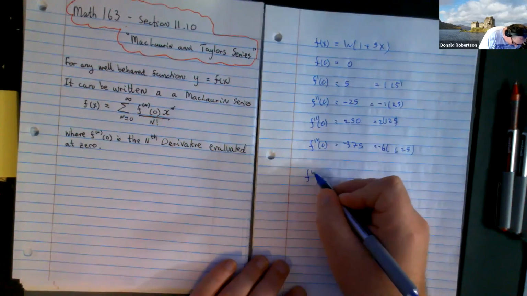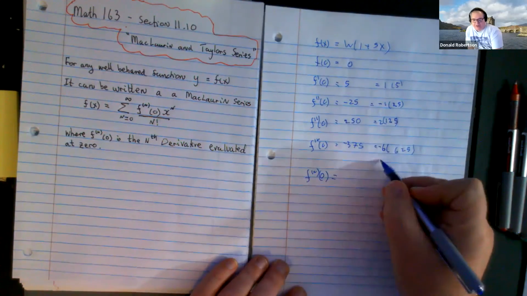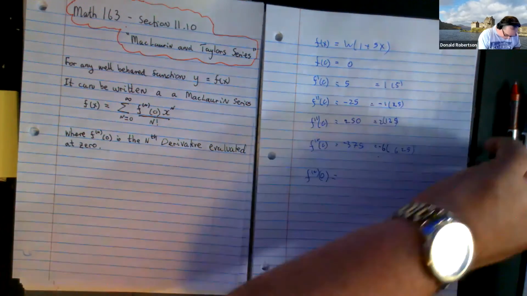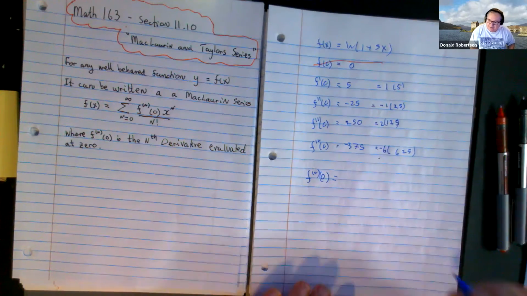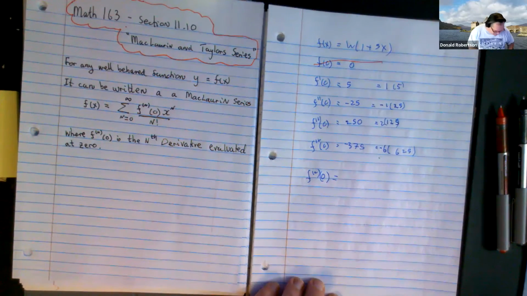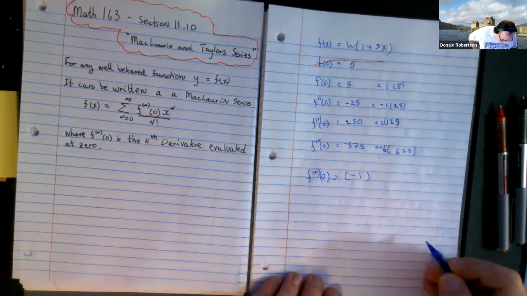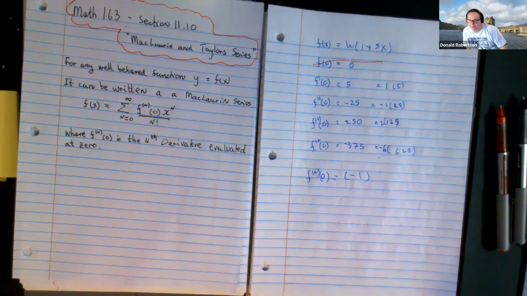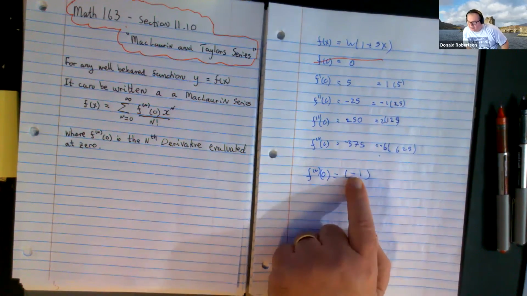Can anybody figure out what the pattern is to get the nth derivative? And can we forget this guy because he's 0 and he doesn't have it? And I'm going to tell you there's 3 pieces to it. Let's do the plus minus one. Plus minus plus minus. Doesn't that get generated by negative 1 to the something?